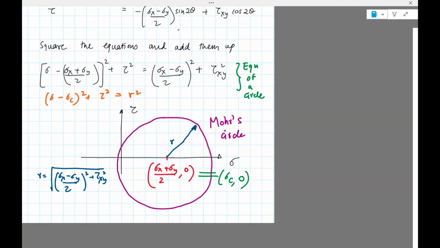I'm going to dedicate one more page to Mohr's circle. It turns out that all these calculations which I showed for tau, sigma, and so on can actually be conveniently extracted from Mohr's circle without really writing any of those formulas. There are some basic things you need to know, but once you know, for example, R and sigma C, you can pretty much get all these things just from that circle.